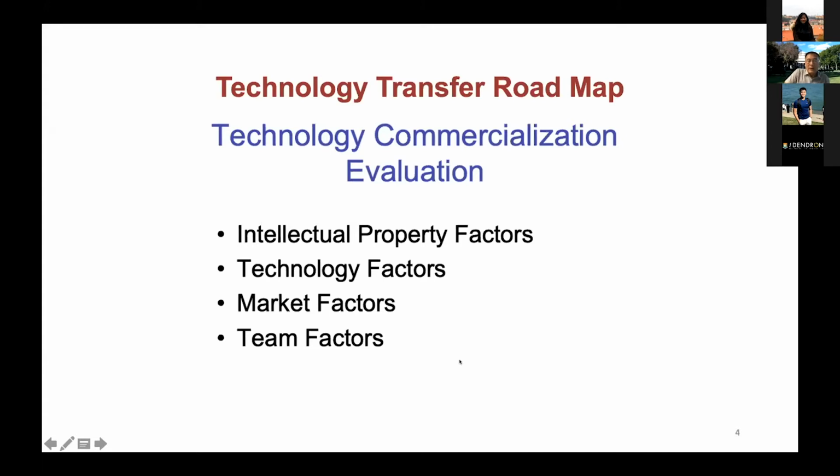So when we talk about the technology commercialization evaluation, we will go through it based on four factors. The first one is the intellectual property factor. This is the most important factor. If we quote MIT Institute Professor Robert Langer, and when I get a chance, I can have a whole session to talk about this professor, basically, he filed almost 2,000 patents.